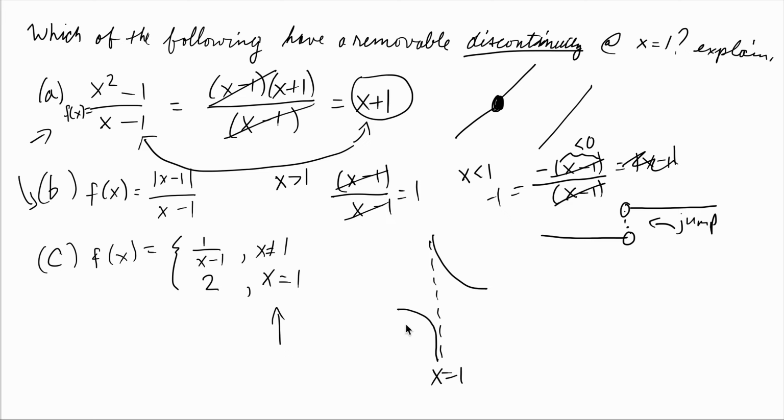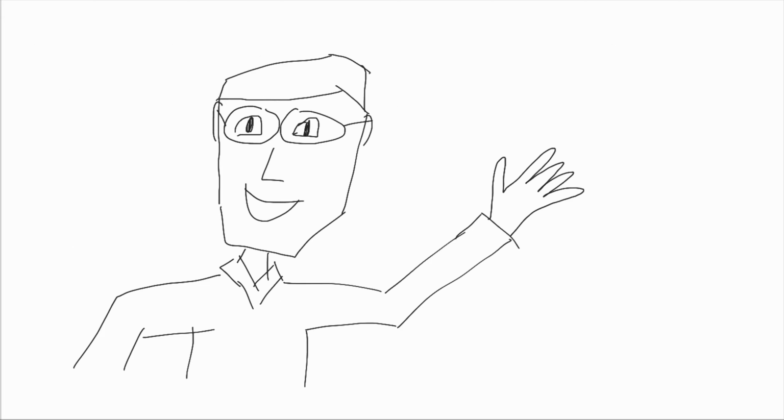But then redefining what it is at 1 to be some kind of point like 2, can I redefine it at 1 anyway so that it works? You can never make that work, right? This is called an infinite jump discontinuity. So the only one that really works is A. All right. And that concludes the explanation to that practice problem. Thanks for watching.